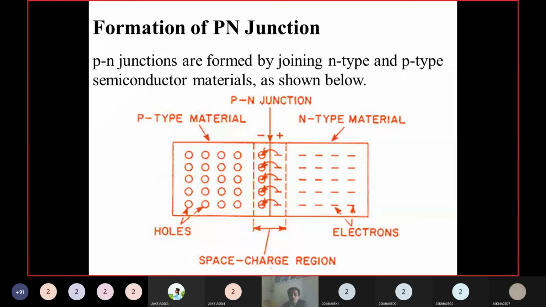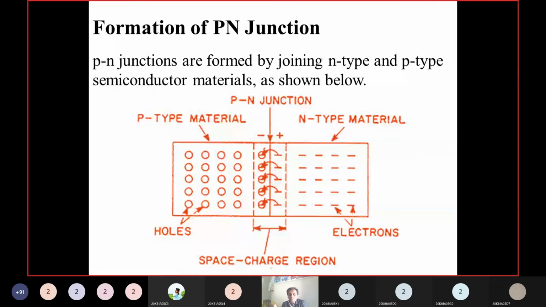Another way: while preparing the semiconducting material, in one region we dope with a trivalent material and in another region with a pentavalent material. Because of that, we can make a PN junction diode.